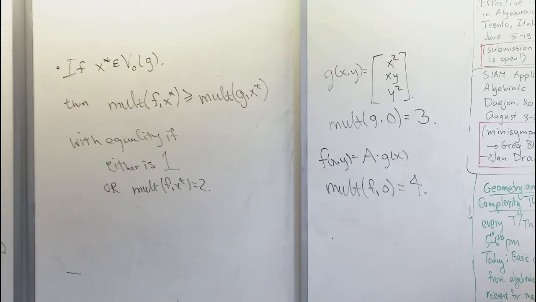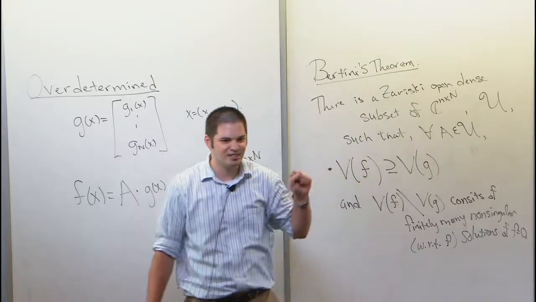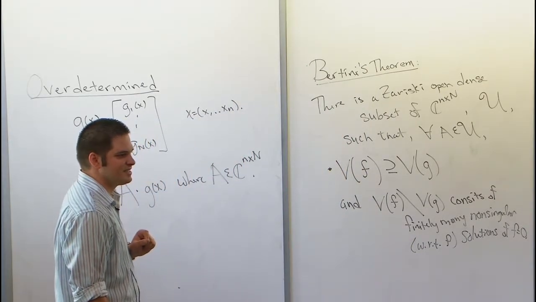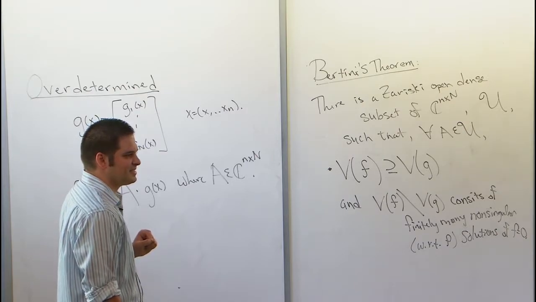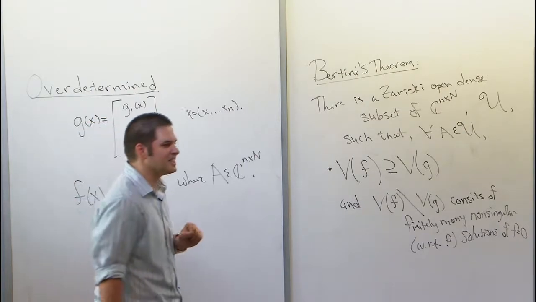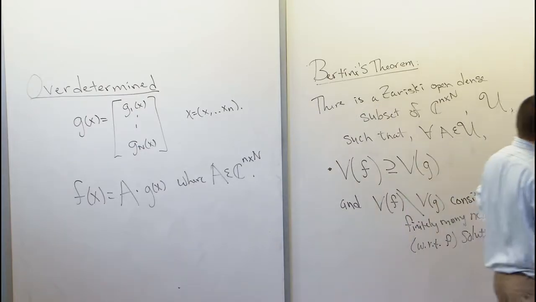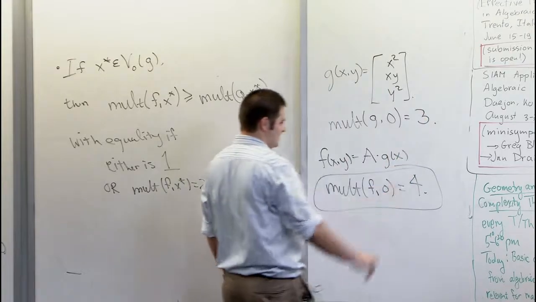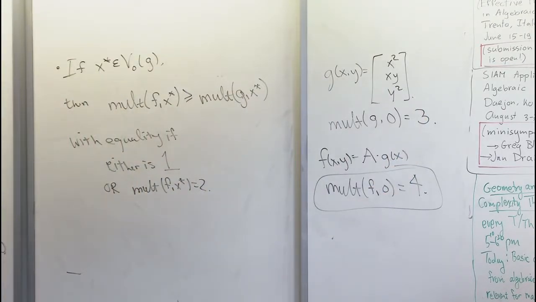Now comes a user-based question. For those that have used Bertini the software, which answer does Bertini give you, 3 or 4? It gives you 4, because that is exactly equal to the number of paths which converge.